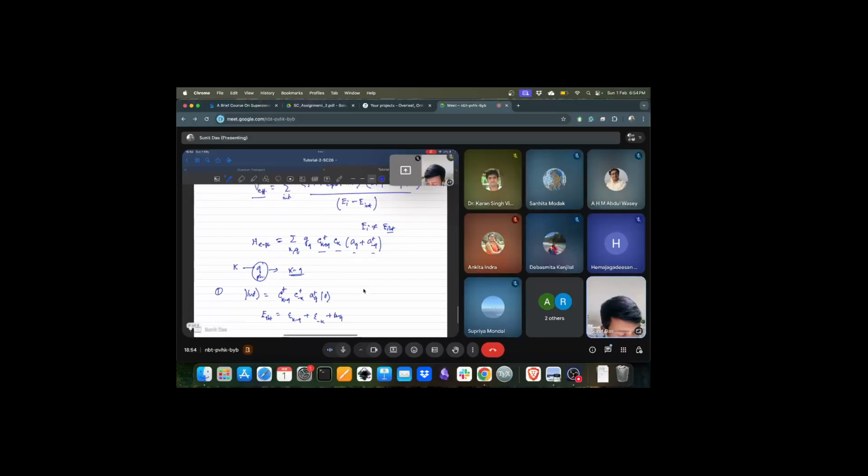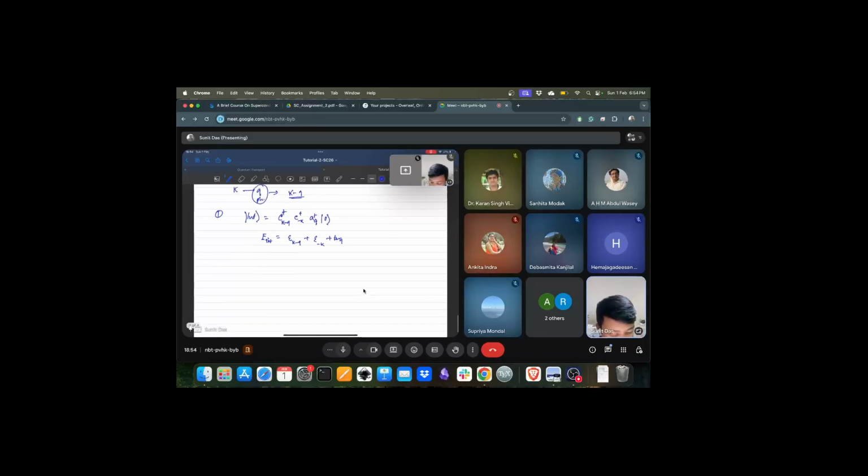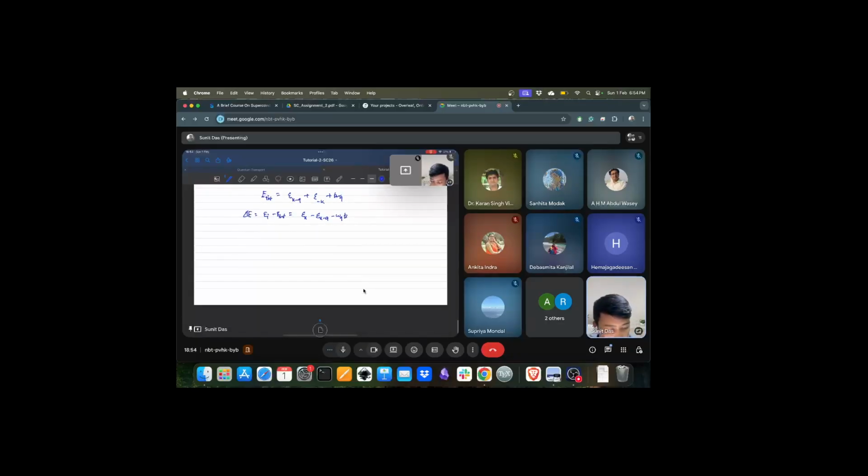So the difference in energy was E i minus E intermediate. So it will be epsilon of k minus epsilon of k minus q minus omega q. So here h bar is included, okay, always.